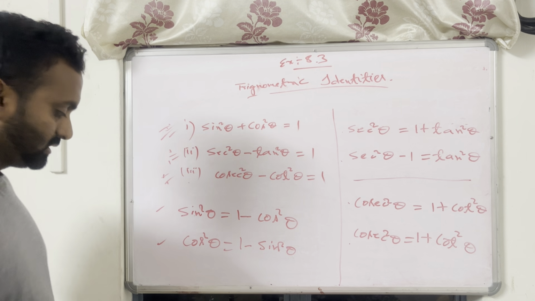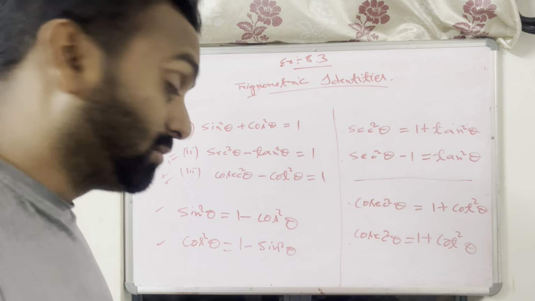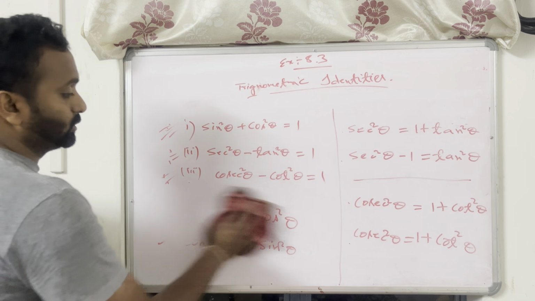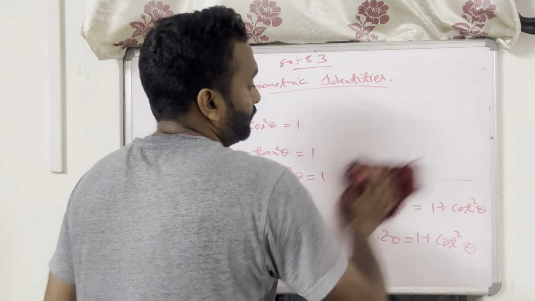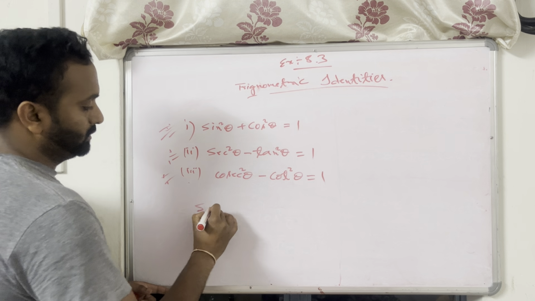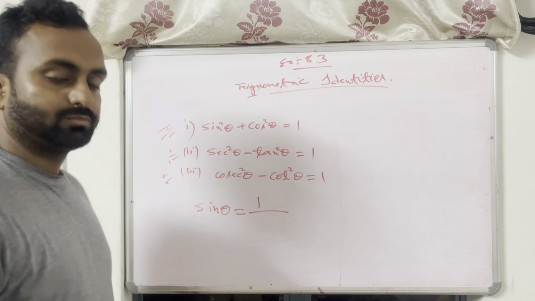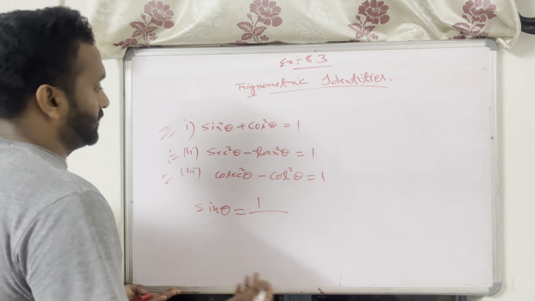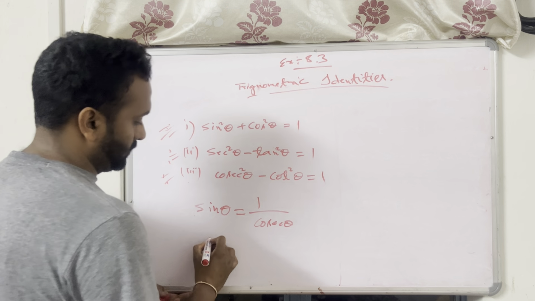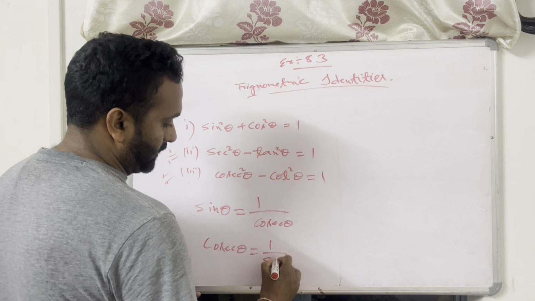There are some more properties which you have to remember. If you can recall, I told you that sin theta is nothing but the reciprocal of cosec theta, or cosec theta is the reciprocal of sin theta.